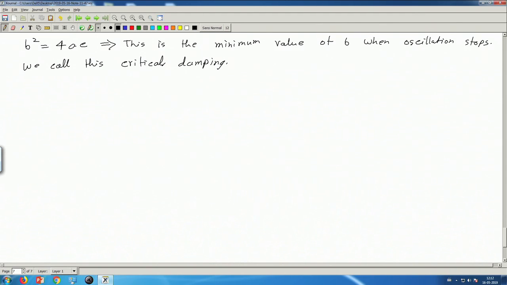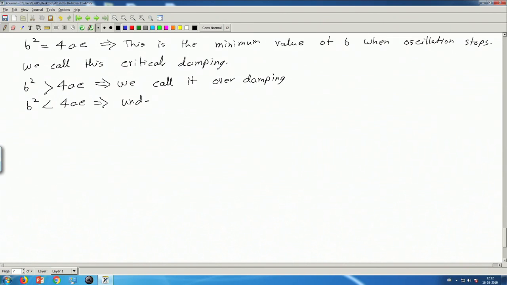So b square equal to 4ac is the condition for critical damping. For b square greater than 4ac, still we will have no oscillation. This we call over damping. And if b square is less than 4ac, this is under damping, because we will have oscillation.